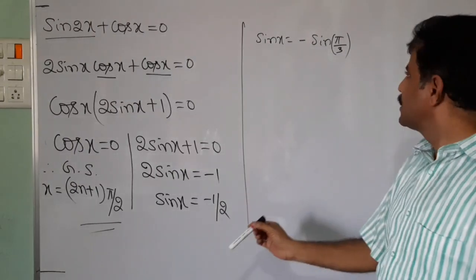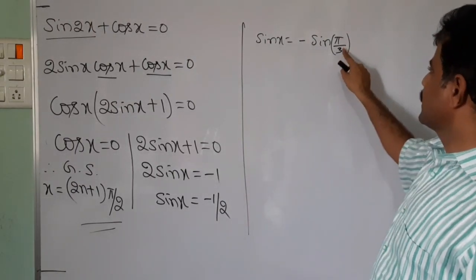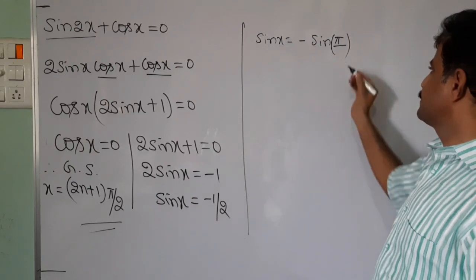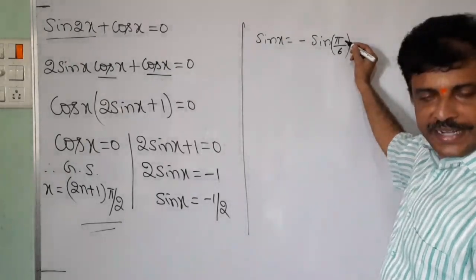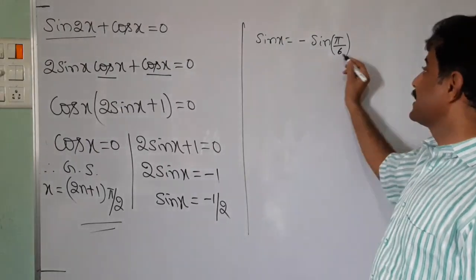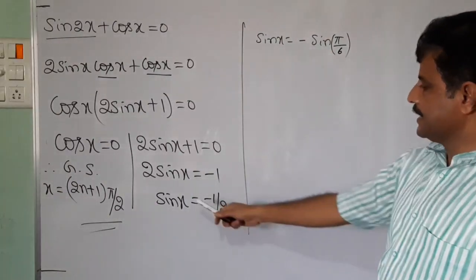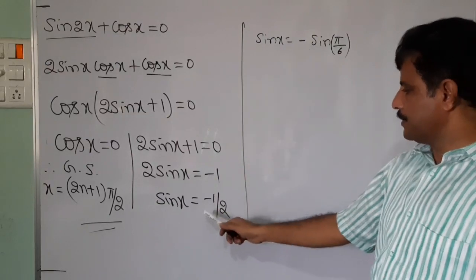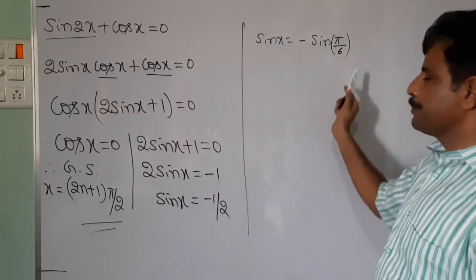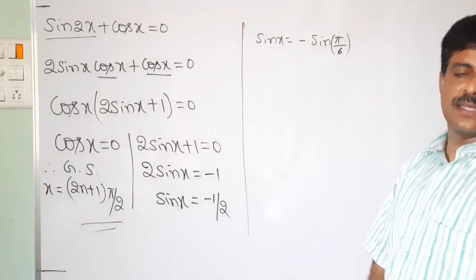Sin 60, sorry, pi by 6. Pi means 180, 180 by 6 is 30. So sin 30 is equal to 1 by 2. So 1 by 2 can be written as sin pi by 6.